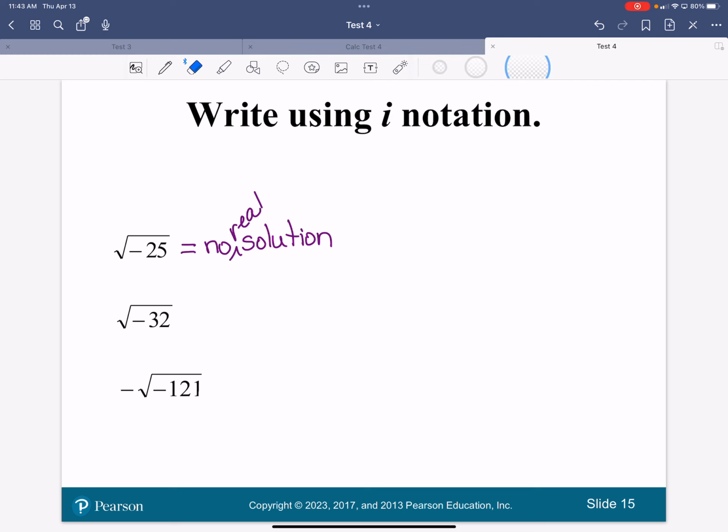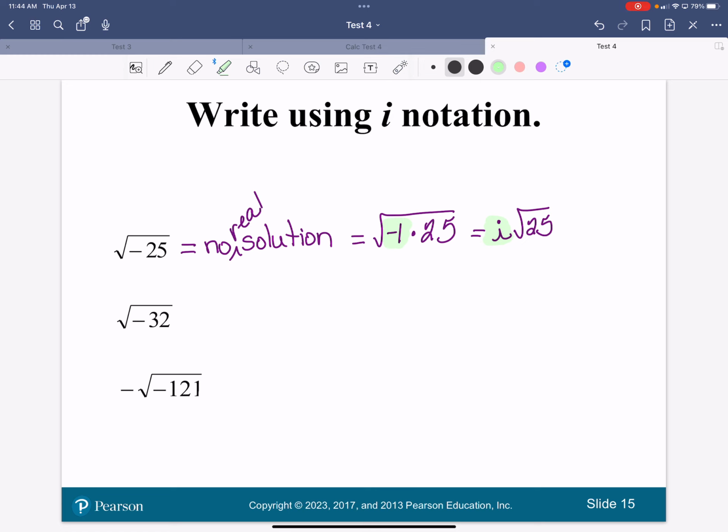But we can rewrite this in terms of i. I always take the i out first. I always have to deal with the square root of -1. So I can rewrite this as i times the square root of 25. When I take the -1 out of the square root, that's where the i comes from.